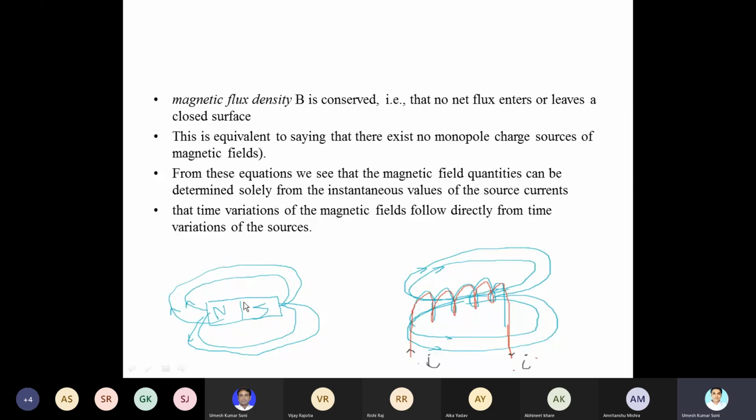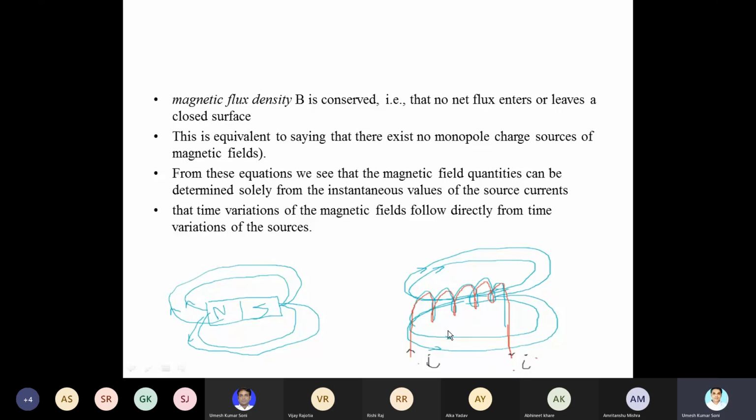Here you can see how the flux is generated. It can be generated from a magnetic dipole, or using a solenoidal coil, in which we insert a current from some voltage source.